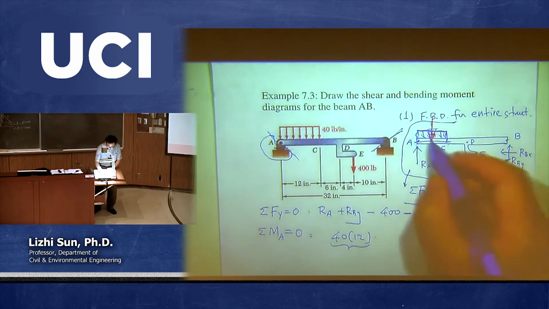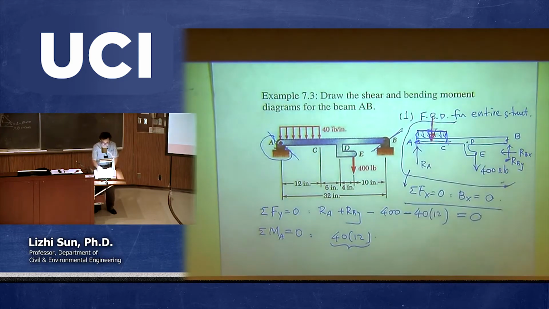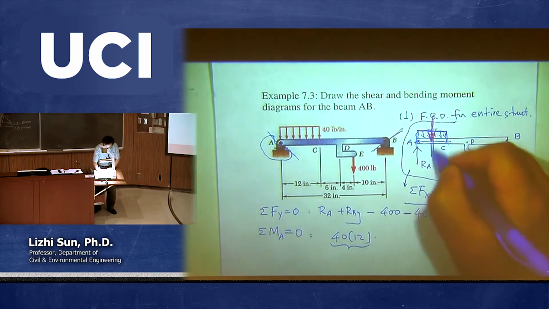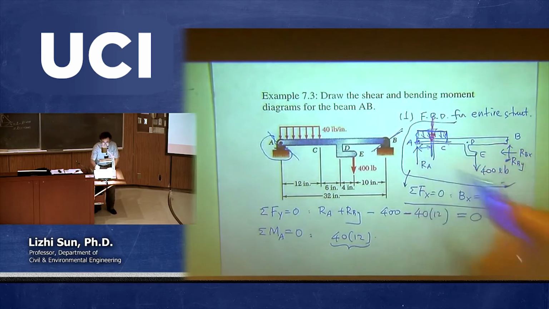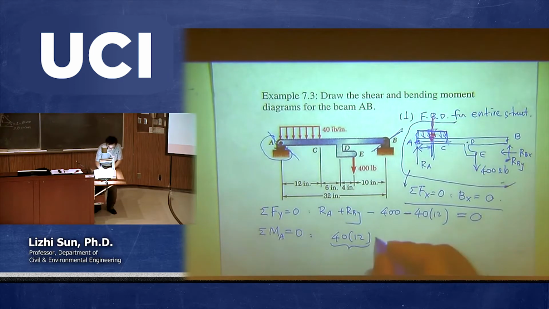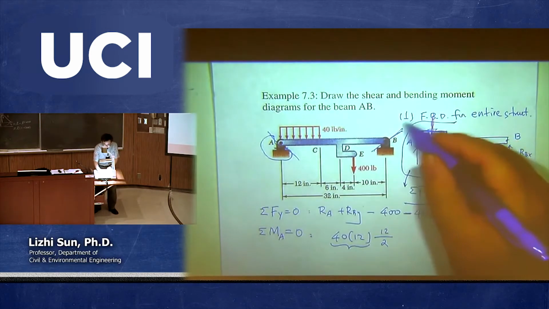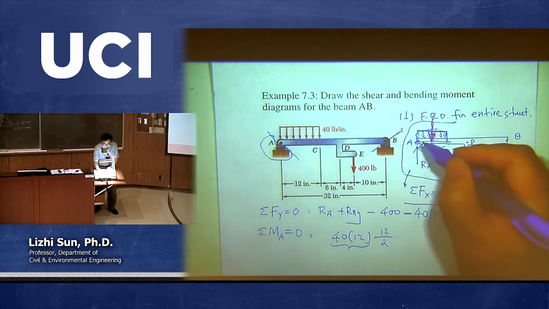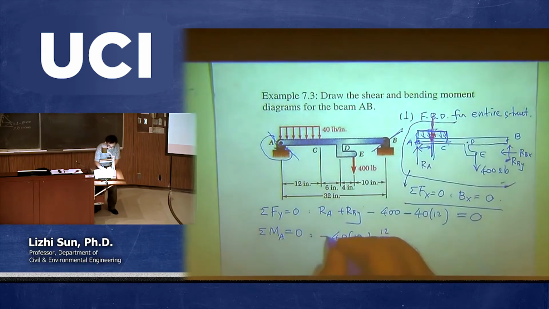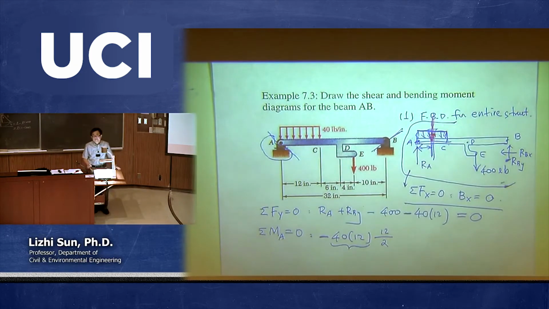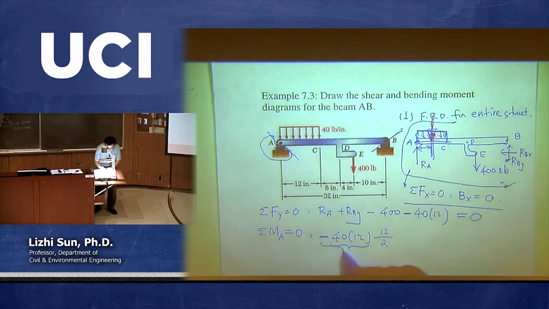So the shorter distance is from the point you want to calculate the moment to the force line. So this is the force line, then from here to here. That should be half AC. So AC is 12 inch, so half divided by 2. And this force should have the potential to rotate the whole structure at point A clockwise. So then you put a negative sign here. So this is the first term to identify the moment of this virtual concentrated load at point A.